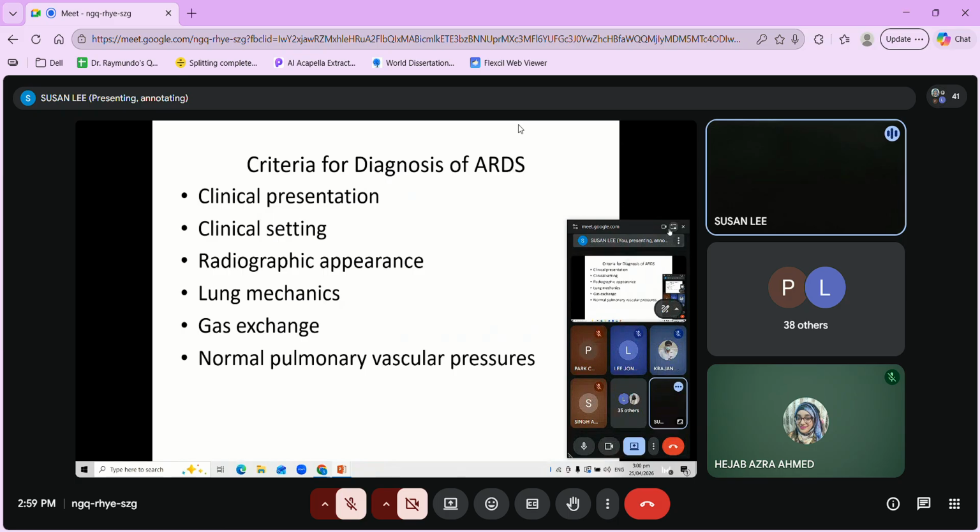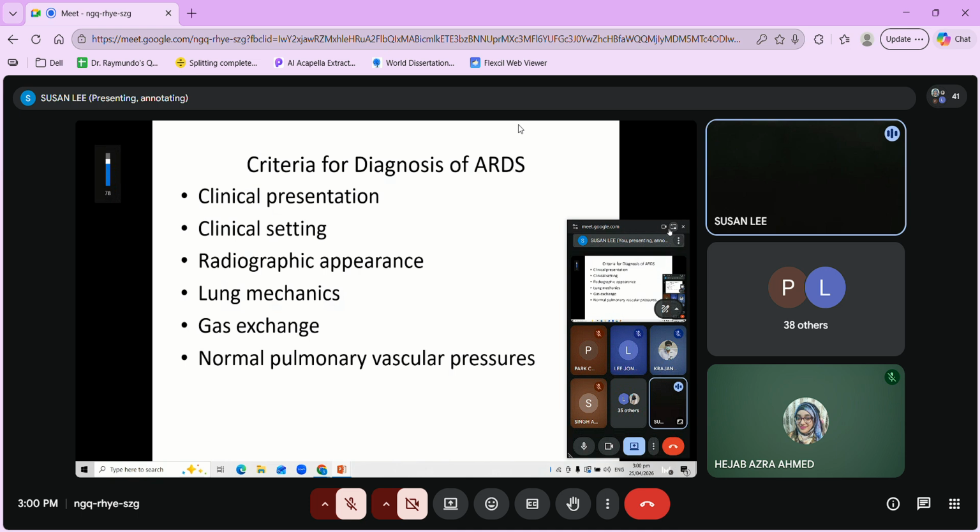So the criteria for the diagnosis of ARDS is that there has to be the clinical presentation and the setting. The presentation would be acute shortness of breath. Usually the patients will also appear tachycardic, tachypneic.